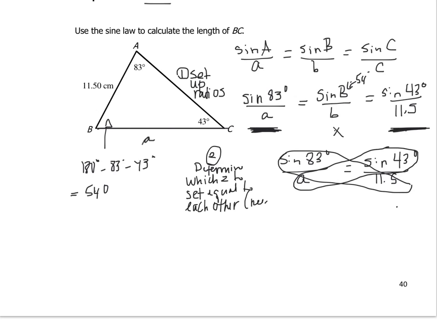You need only one unknown. When you pick the two, there should only be one unknown. So now I can cross multiply. Cross multiply and solve.